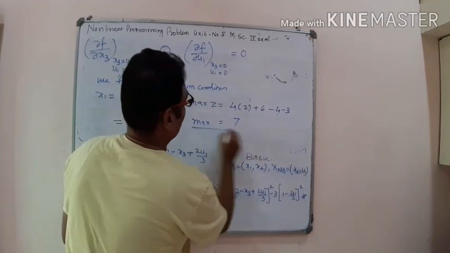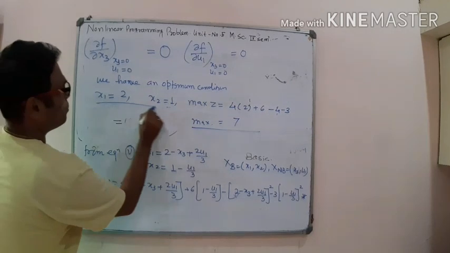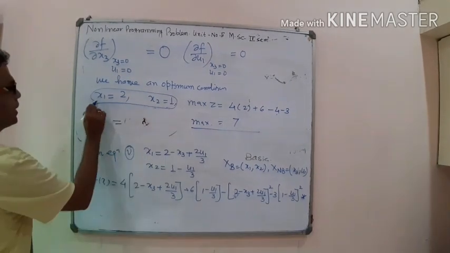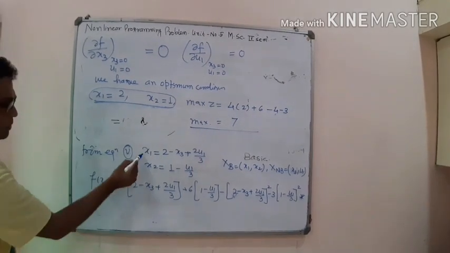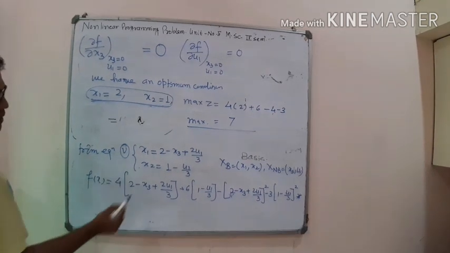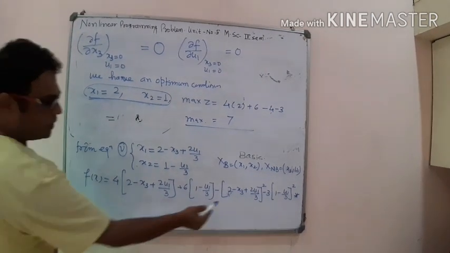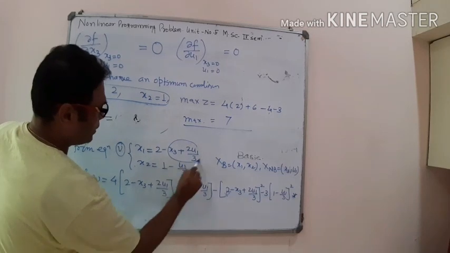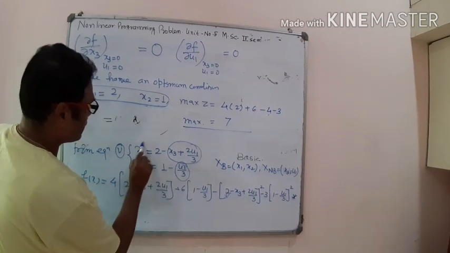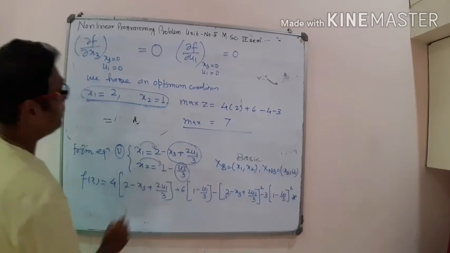Now how do we compute this? x1 is 2 and x2 is 1 by using this relation. Here we assume that x3 and u1 are 0, so this expression is 0, this expression is 0, then x1 becomes 2 and x2 becomes 1.